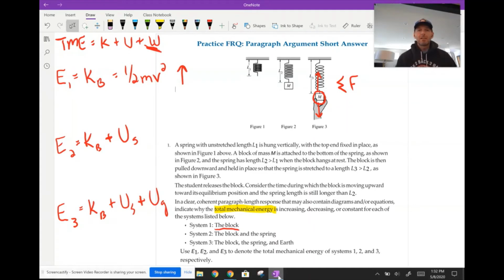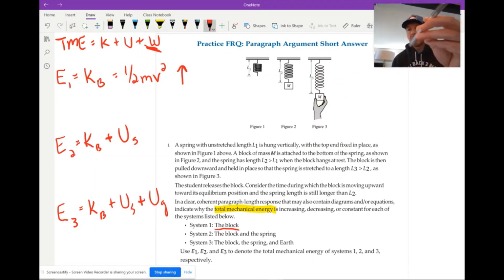So now let's think about the energy for system 2. System 2 is the block and the spring as a system. Remember, we don't care about internal forces there. So the force of the spring on the block doesn't count here. So what do we have? We have the force of gravity on that system as the outside force.